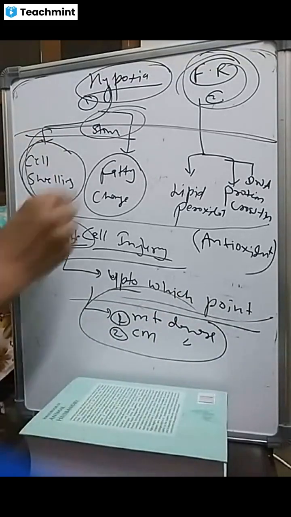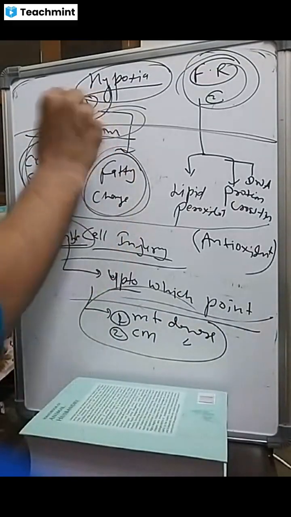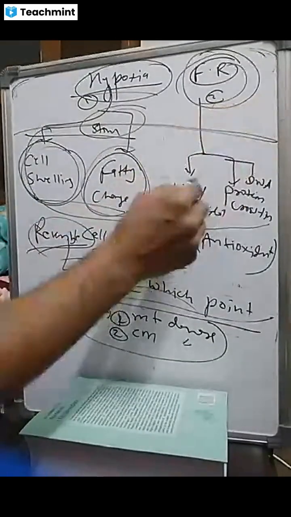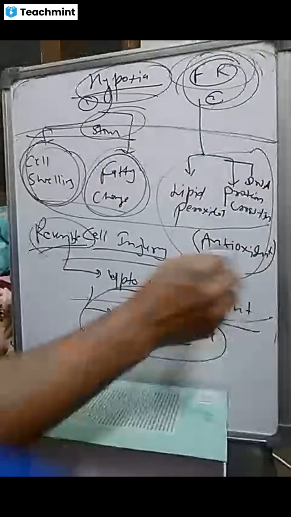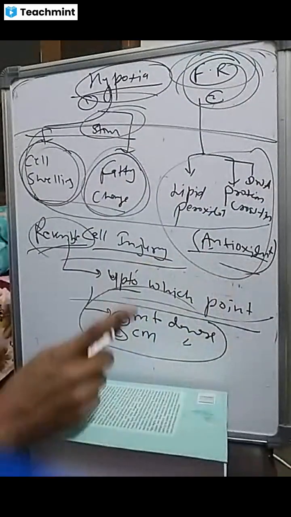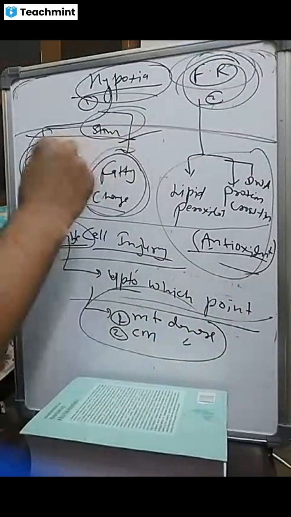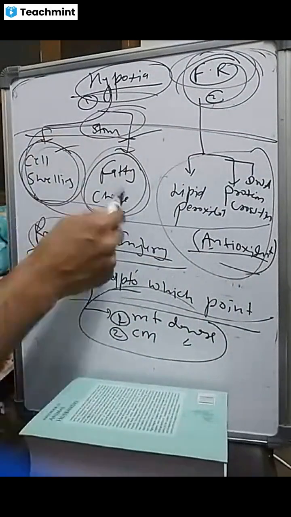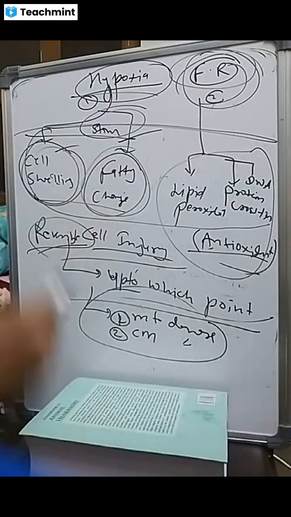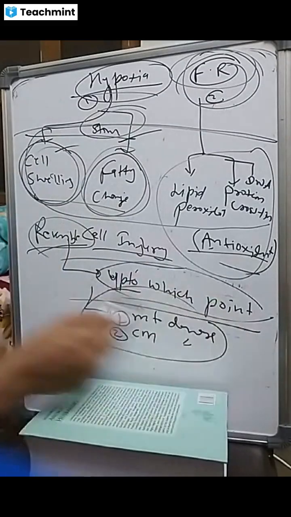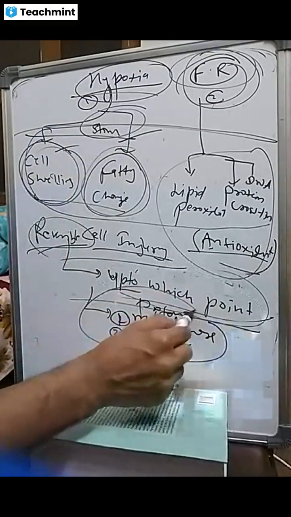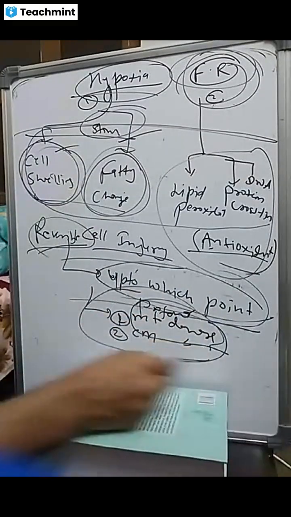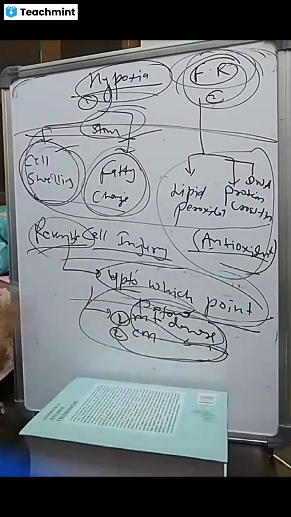So fatty change because of hypoxia and these three. If we use antioxidant, it becomes reversible, and if we remove the causes, it will become reversible. Up to which point? Up to maximum mitochondrial damage or maximum damage.